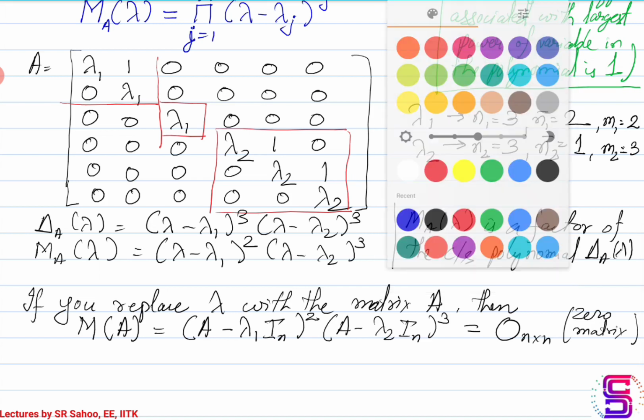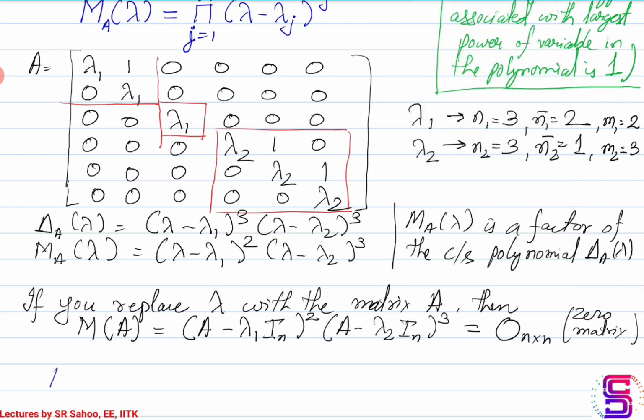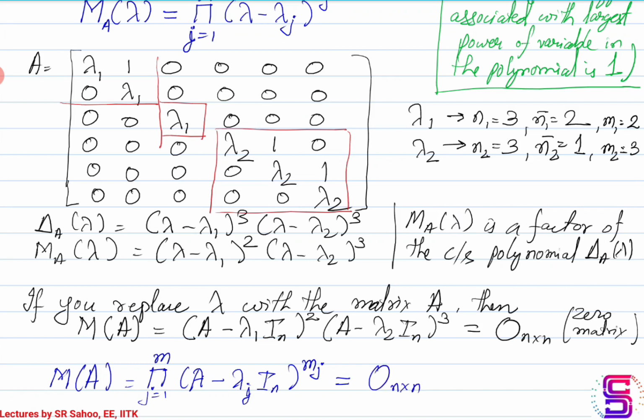Okay, so in general, if I substitute A in place of lambda in the MA lambda polynomial, then this is nothing but equal to the zero matrix.